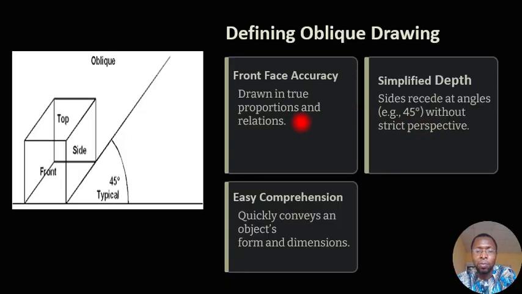So it's a technique that involves drawing an object whose front is exactly the same proportion, but the side is receded to an angle of 45 degrees.